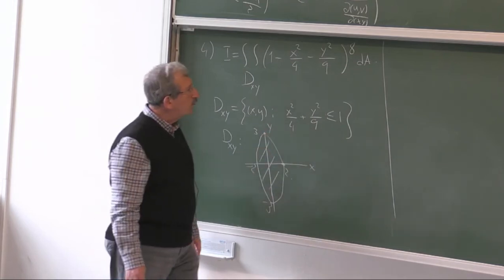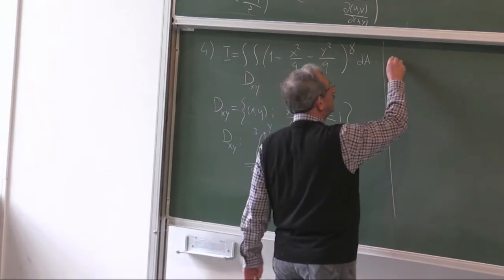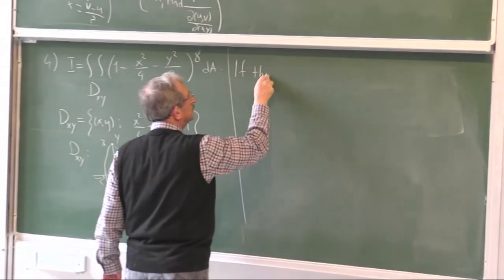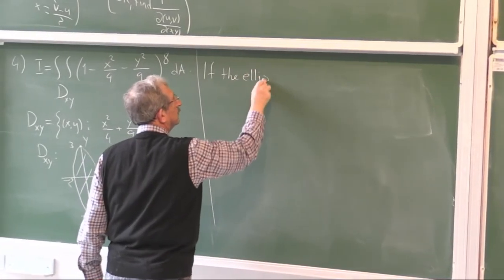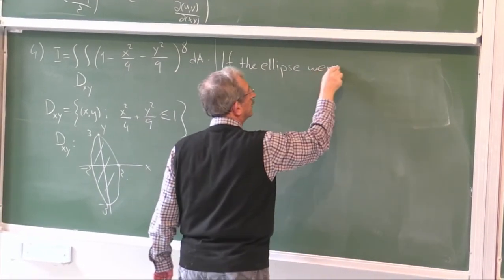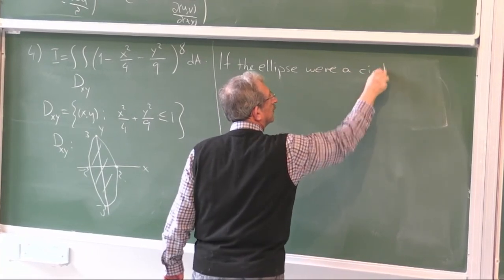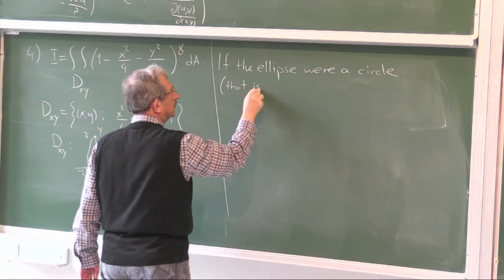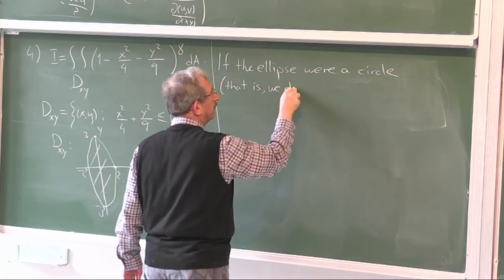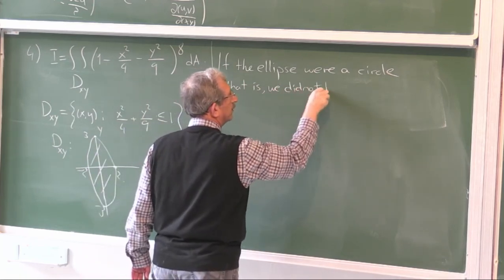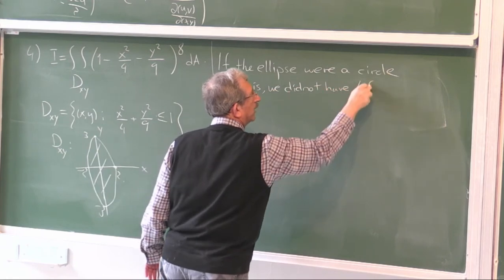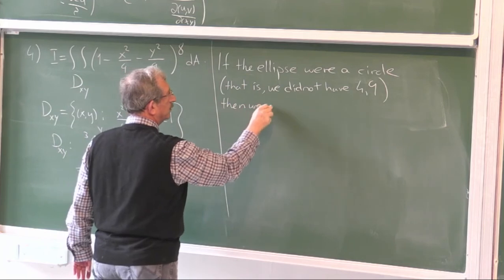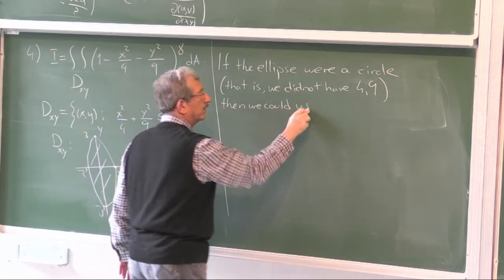Well, polars tell us, namely, if the ellipse were a circle, that is, if we didn't have the 4 and 9, then we could use polars.